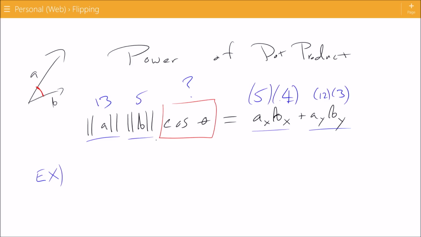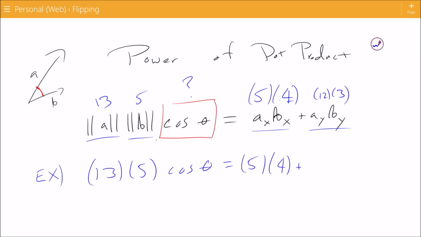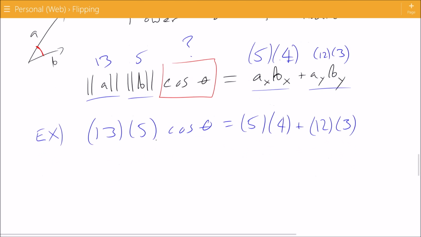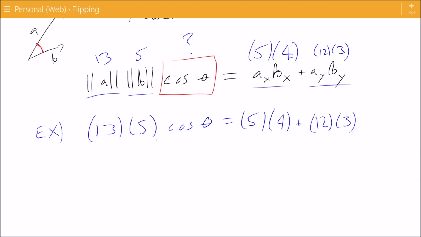But say I don't know what this cosine is, then I can rewrite this as 13 times 5 times the cosine of theta is equal to 5 times 4 plus 12 times 3. So 13 times 5 gives us 65 cosine of theta is equal to, we can simplify all of this on the right.